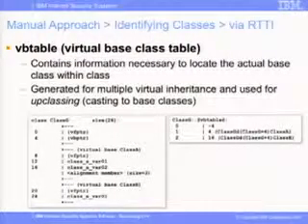So in this example, class G is inheriting from class A and class E. So what is the mechanism for C++ to specifically upcast to class A and class E?